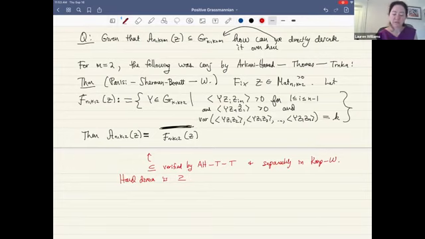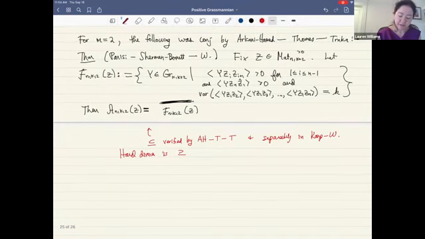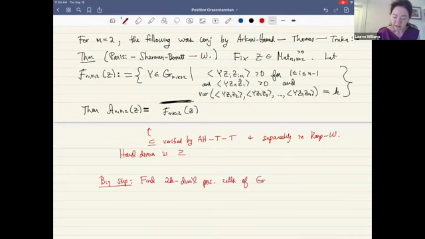Now, what we did in order to prove this theorem, a big step here was to find 2k dimensional positroid cells of the non-negative Grassmannian such that Z tilde is injective on them.